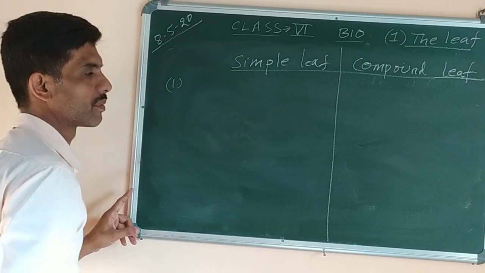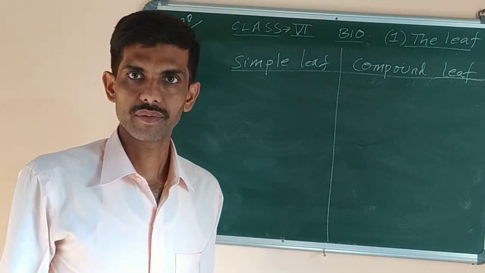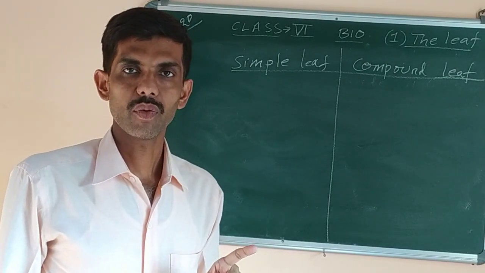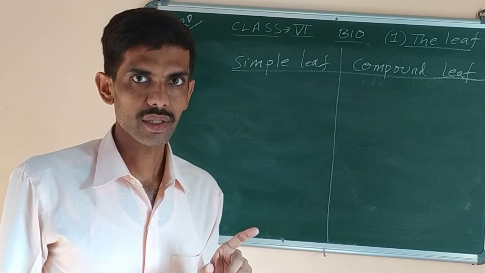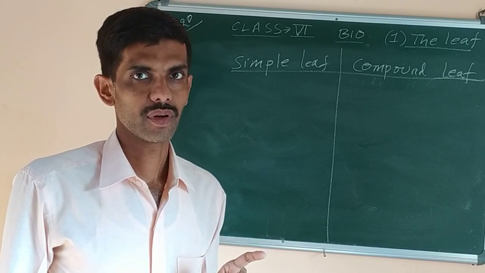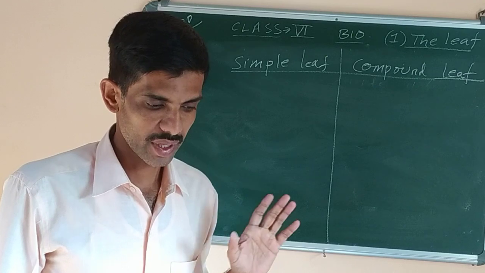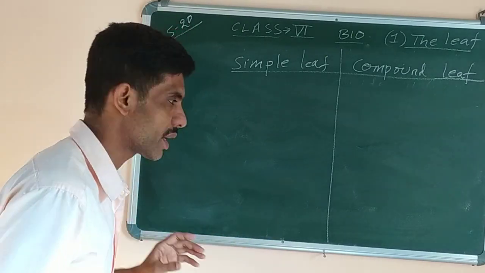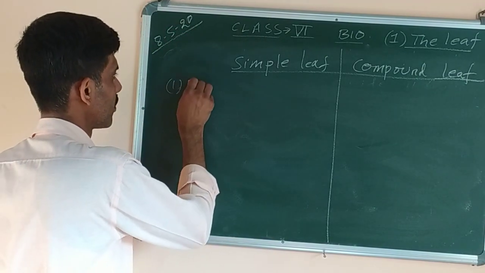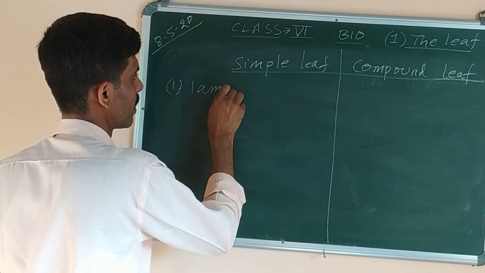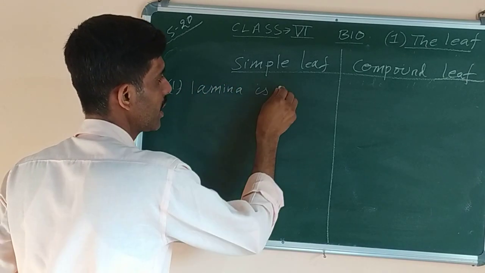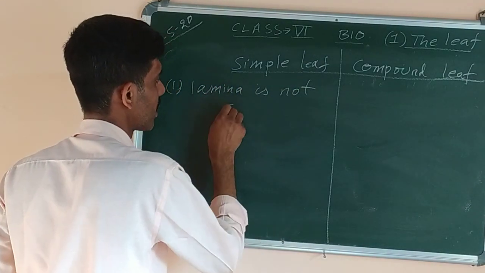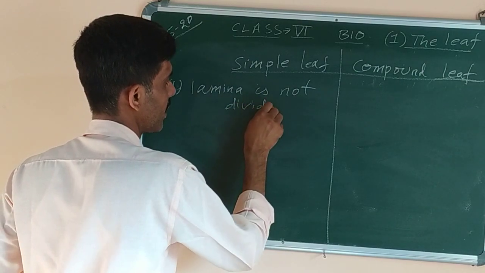In a simple leaf, the lamina or the leaf blade is not divided.